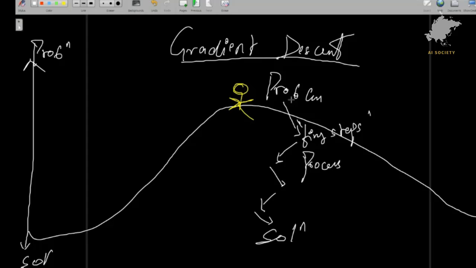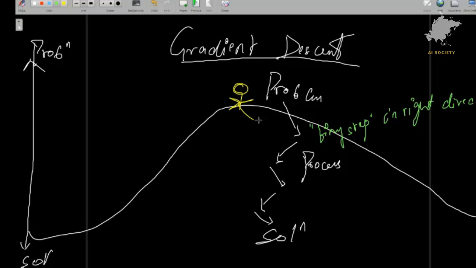The process of solving the problem by taking tiny steps in the right direction to reach the solution is called gradient descent.